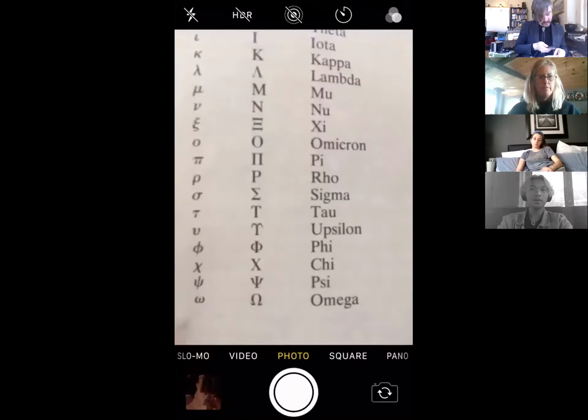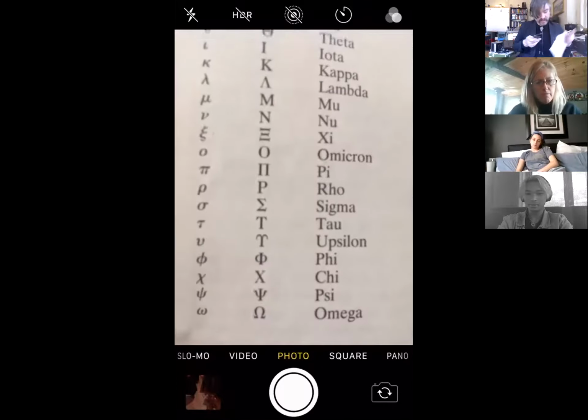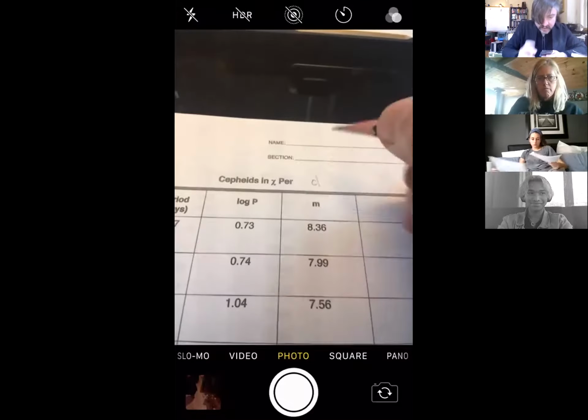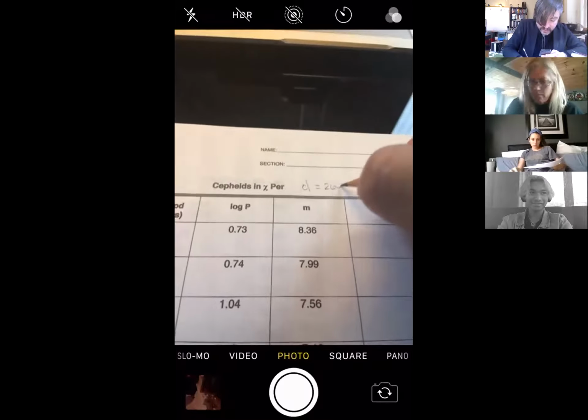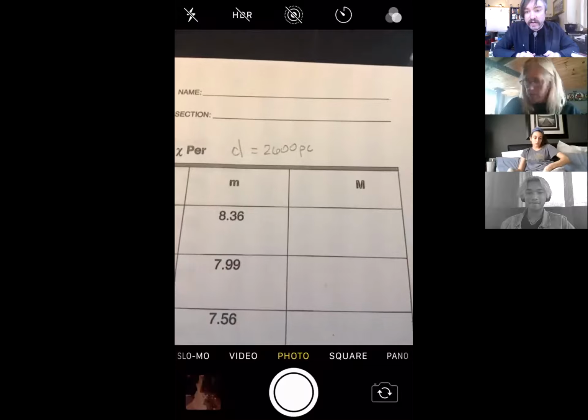Chi. Yeah, okay, Chi. So this is Chi Persei. And we happen to know from the text that the distance to the star cluster Chi Persei is 2,600 parsecs. Write that down. That's going to be important.